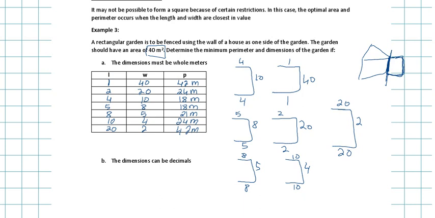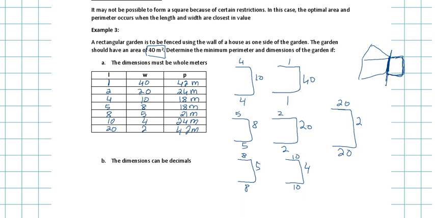If I actually go deep into decimals and try to find an answer, there will be some decimal dimensions that will give me a perimeter that's less than 18. That's why you see that 18 and then 18. There's actually a decimal number in the middle that would give me a perimeter of less than 18.